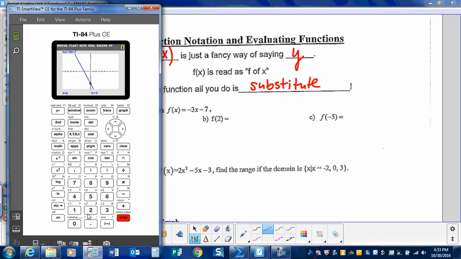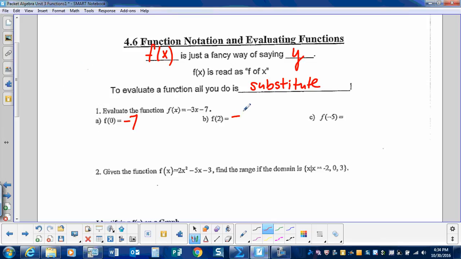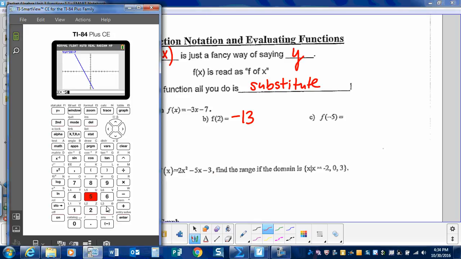Okay, go ahead and do f of 2 and f of negative 5. All right, so I can just type 2 in, enter, and I get negative 13. And I can type in negative 5, and I get 8.